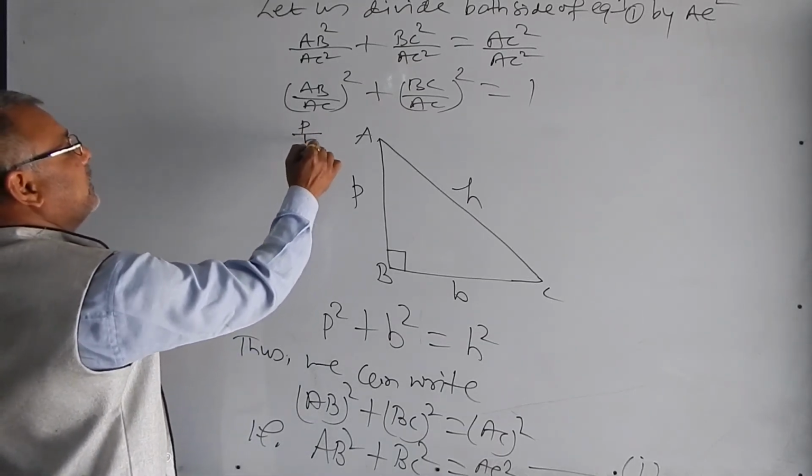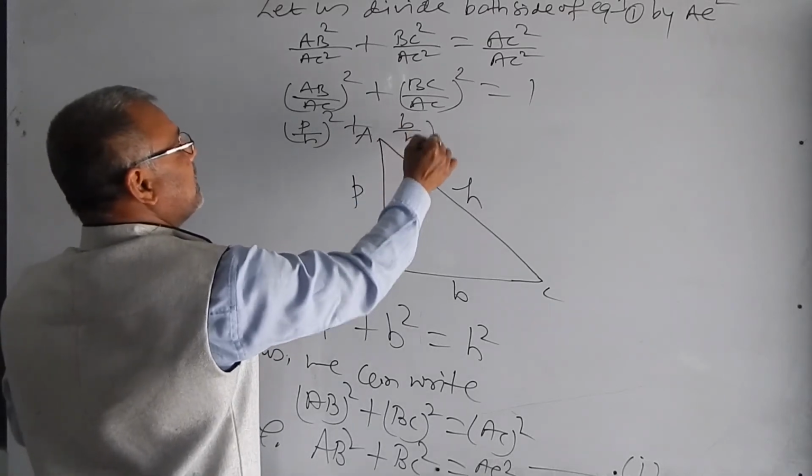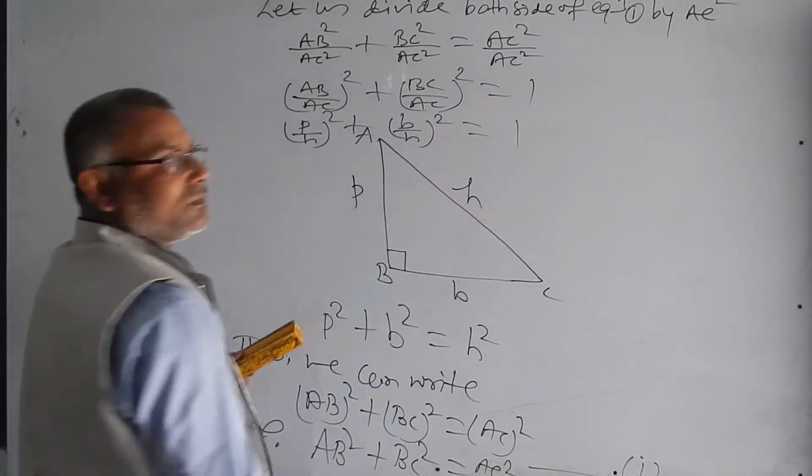P by H square plus B by H square is equal to 1.